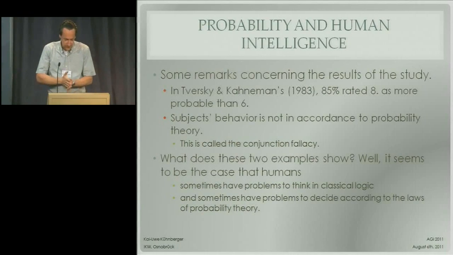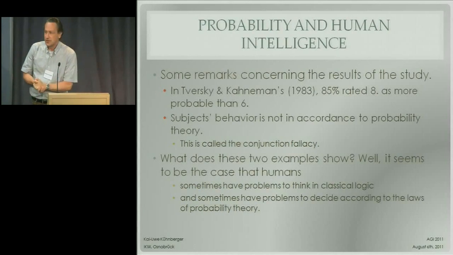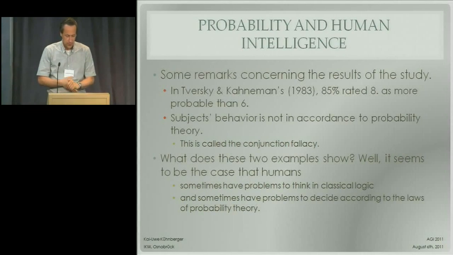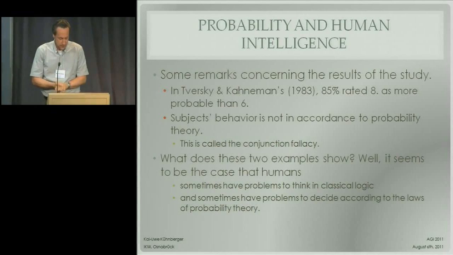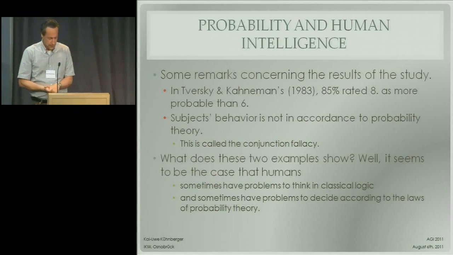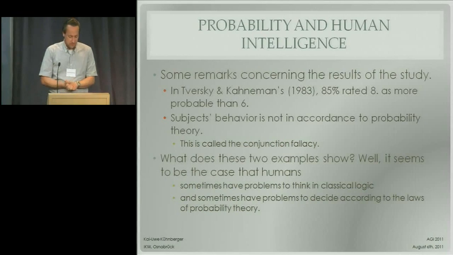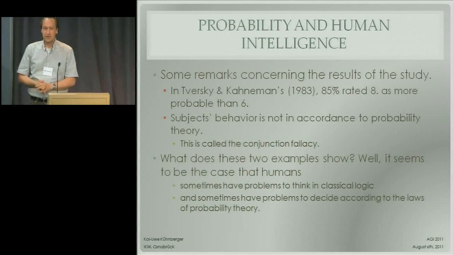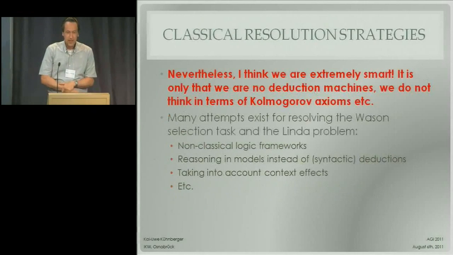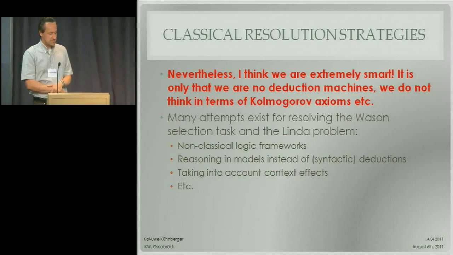So what do these two examples show? Well, it seems to be the case, at least in a relatively weak formulation, that sometimes subjects have problems thinking in classical logic, and sometimes subjects have problems deciding according to the laws of probability theory. Nevertheless, I don't think that these subjects are irrational in a strong sense.